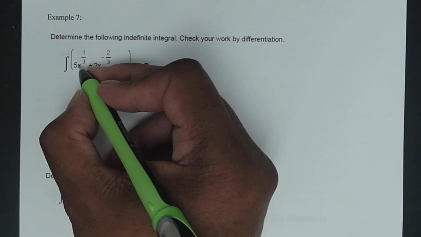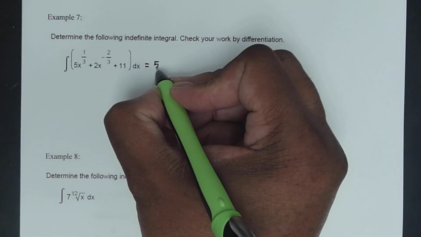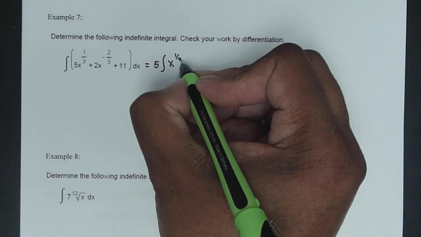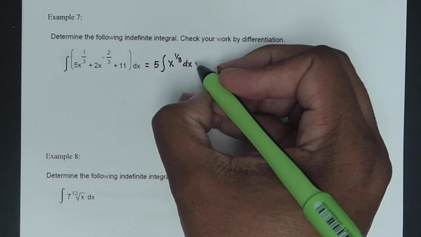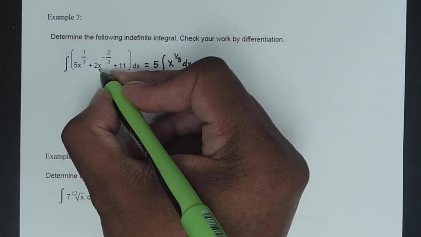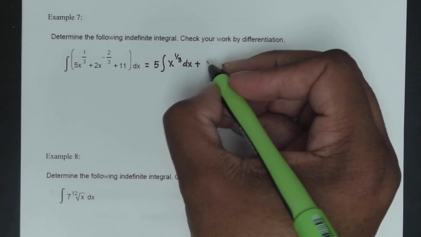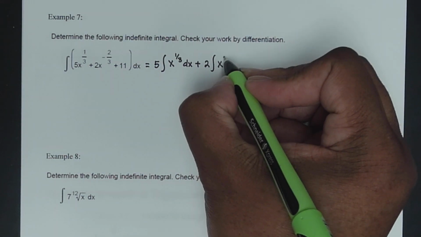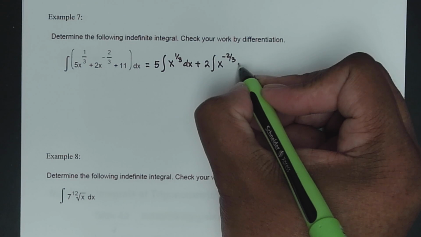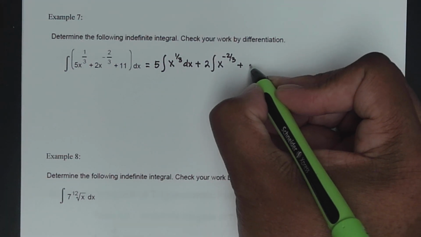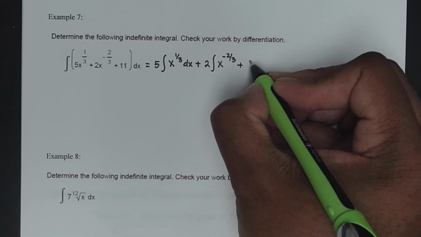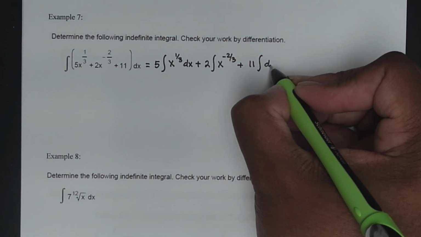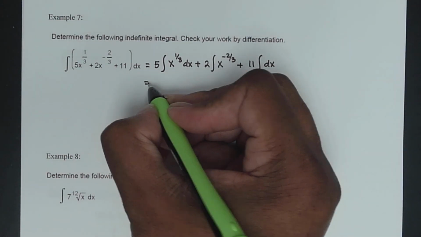For the 5x to the 1/3, I will put the 5 in front times the integral of x to the 1/3 dx, plus for the 2x to the negative 2/3, I'll pull the 2 out in front. It'll be the integral of x to the negative 2/3, plus, let's see, 11 dx, the integral of that, I'll pull the 11 out in front. So it'll be 11 times the integral dx.